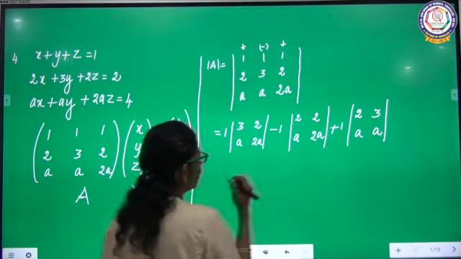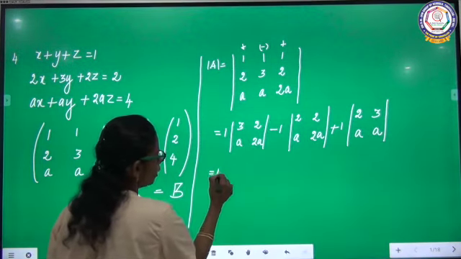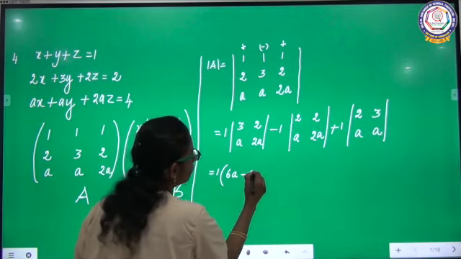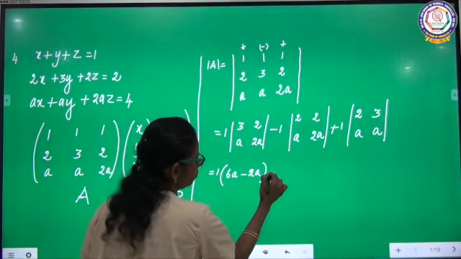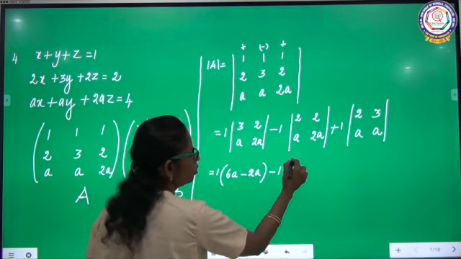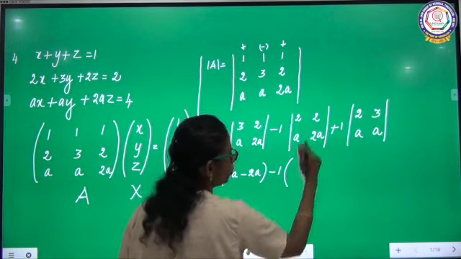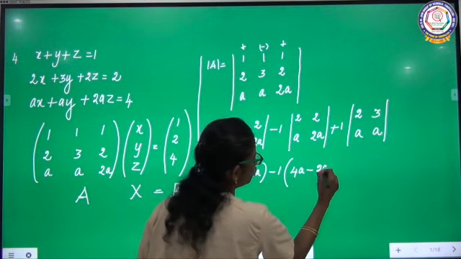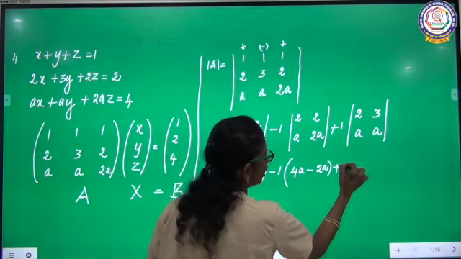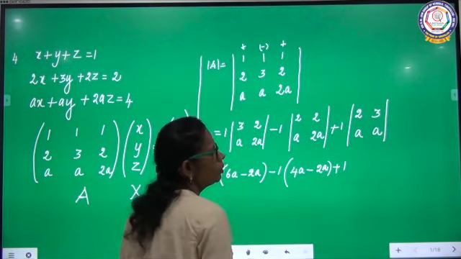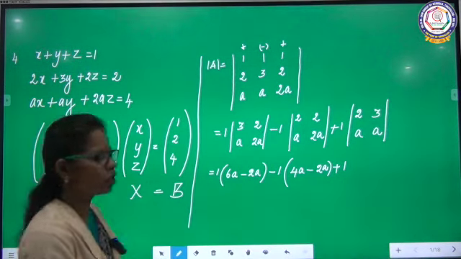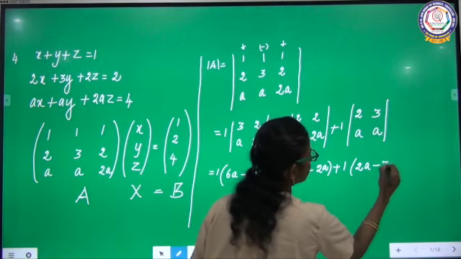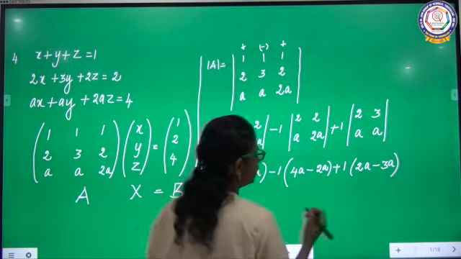Now 1 into product of main diagonal 6A minus 2A, minus 1 into again product of main diagonal minus sub-diagonal, 4A minus 2A, plus again product of main diagonal minus product of sub-diagonal, 2A minus 3A, right?